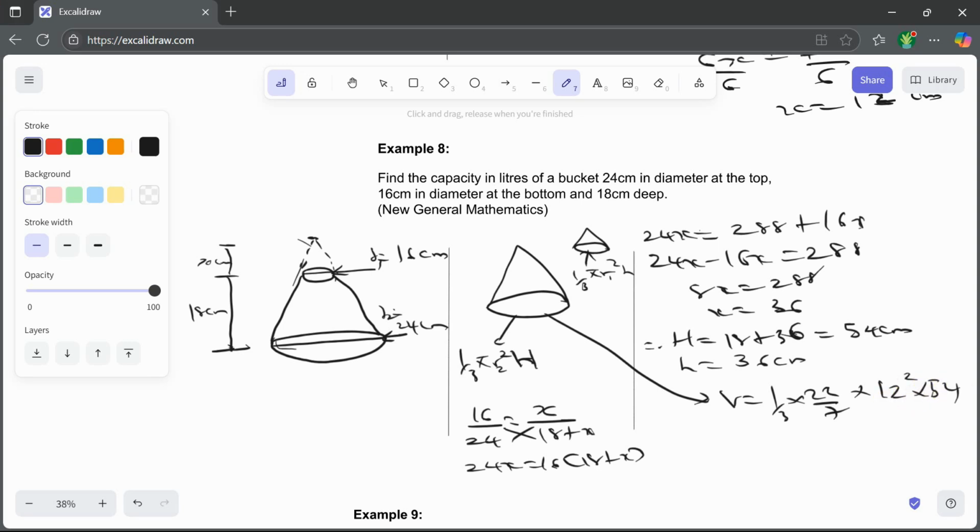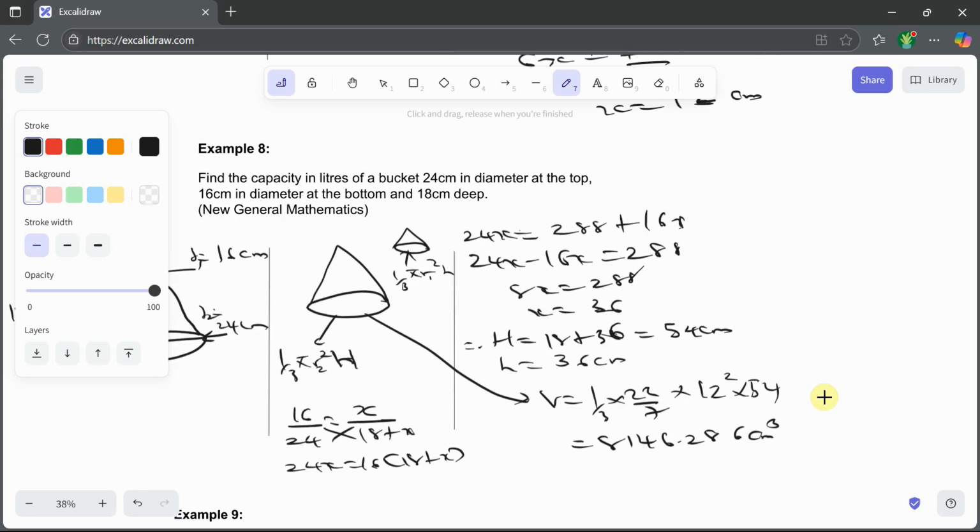So this is one over three times 22 over 7 times 12 squared times 54. This gave me 8146.286 centimeters cubed, right? So this is from the first guy, and then from the second guy, let me just say this is V1, this is V2.